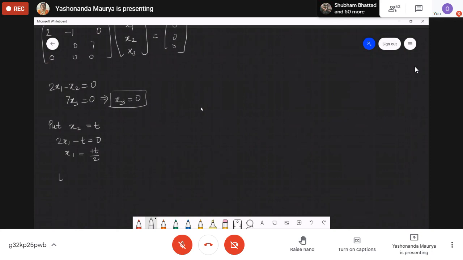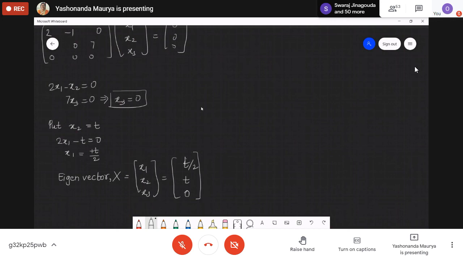Therefore, the eigenvector x is equal to x1, x2, x3, everything we got here. So this is t by 2, x2 is t, and the other one, x3 value is 0. So this is the eigenvector.